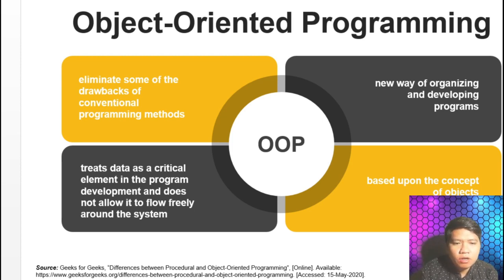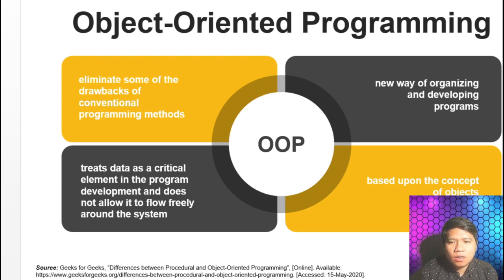It is a new way of organizing and developing programs and has nothing to do with any particular language, and it treats data as a critical element in program development and does not allow it to flow freely around the system. What is good in OOP is that it ties data more closely to the functions that operate on it and protects it from accidental modification from outside functions. That is possible through the use of encapsulation and abstraction.